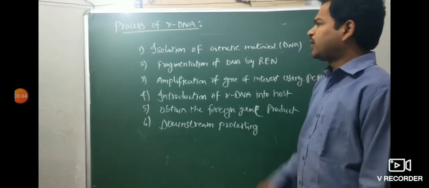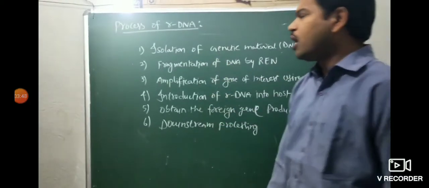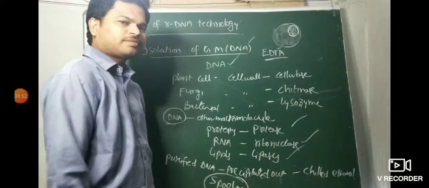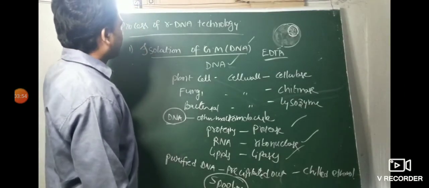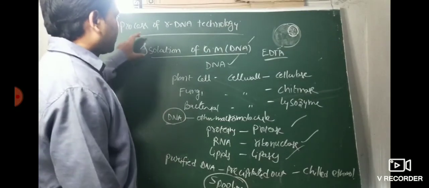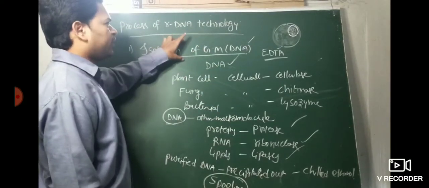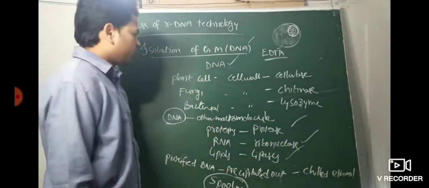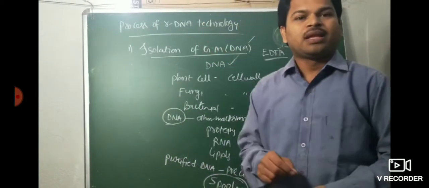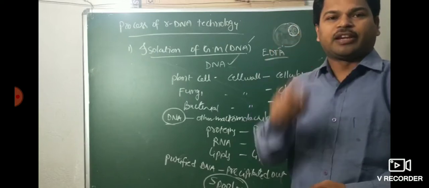Next, one by one we will see. First step is isolation of genetic material. We are discussing the process of recombinant DNA technology. The first step, isolation of genetic material, nothing but DNA. Before going to this, every living organism undoubtedly has genetic material.